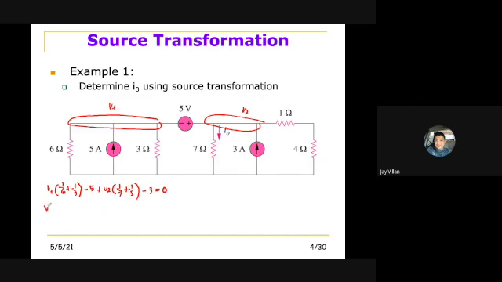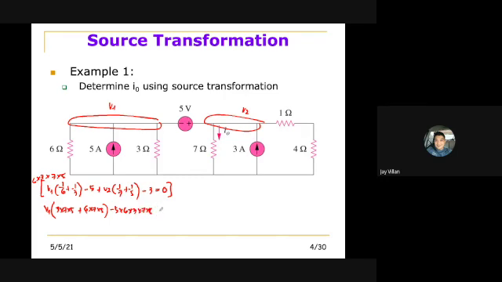So, V1 times, if this is multiplied by 6 times 3 times 7 times 5, this becomes 3 times 7 times 5 plus 6 times 7 times 5 minus 5 times 6 times 3 times 7 times 5.